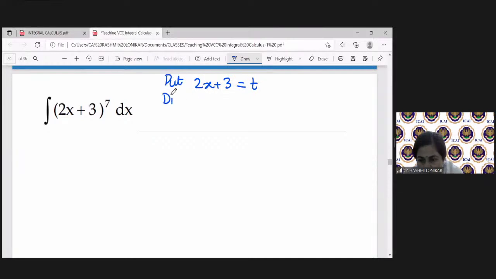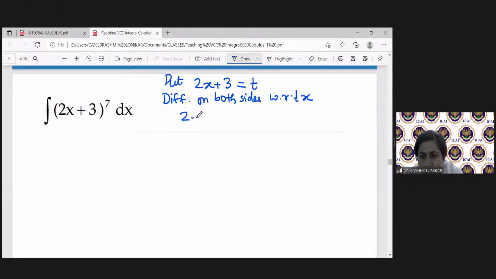Now differentiating on both sides with respect to x, what will I get? Derivative of 2x is 2.